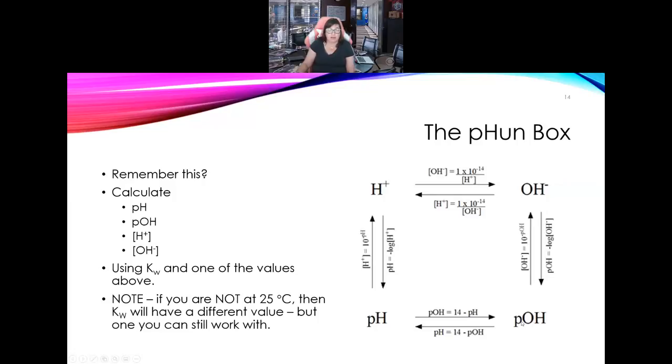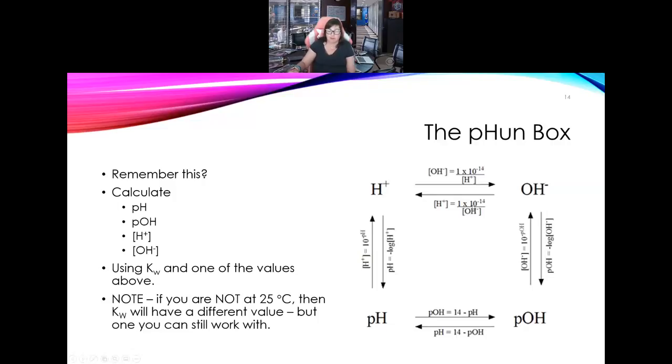And if I'm down here in pOH, I can find the OH minus by taking 10 to the negative pOH, or pOH equals the negative log of OH minus. So we should be able to go all the way around with this. All of these things that we're looking at here, both the top and the bottom, depend on Kw being the value of 1 times 10 to the minus 14th.